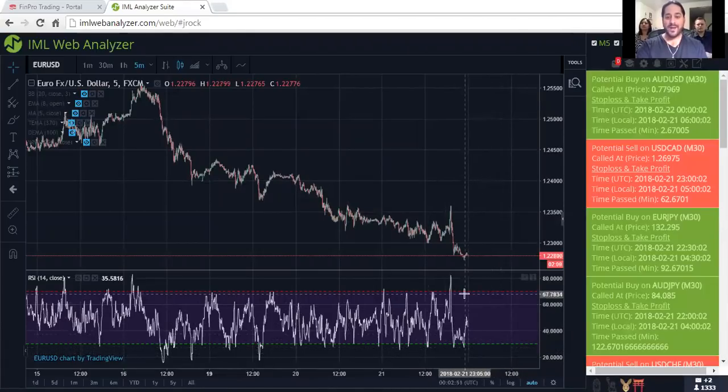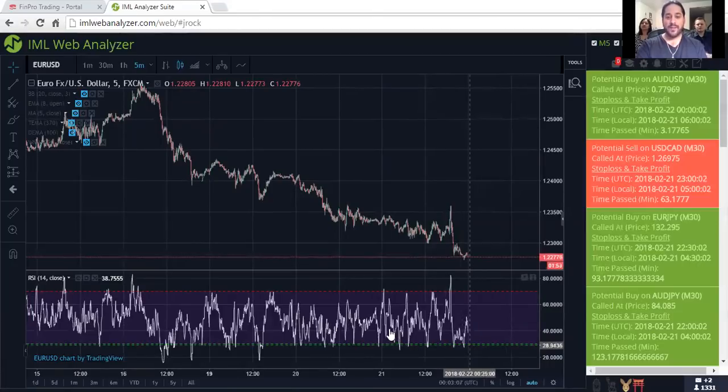The red up here is your overbought territory, which means it's time for a sell. Your green line, the 30 down on the bottom, is your oversold territory, which means it's getting close to a buy. So that's why I put the green line. And then the white line in the middle is your relative strength indicator that will tell you when it gets into that area that it is close to being time for a reversal.